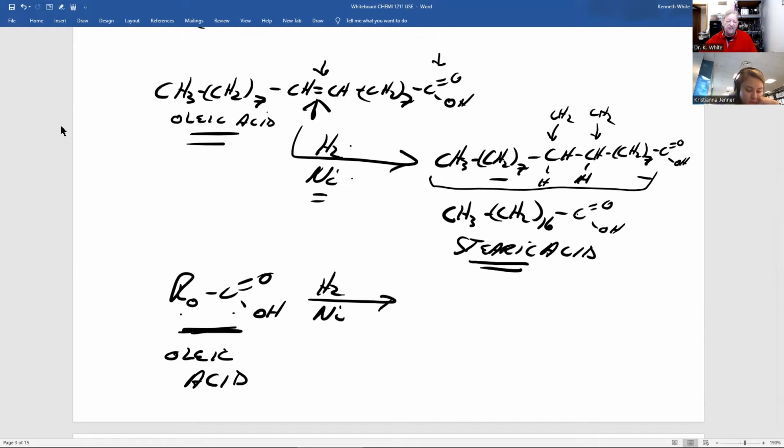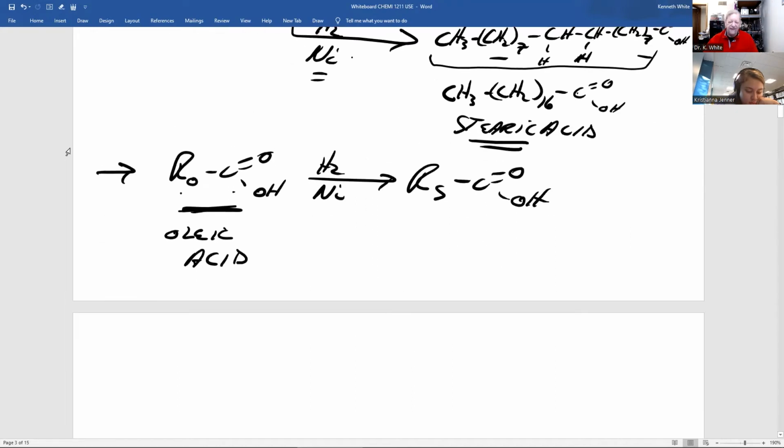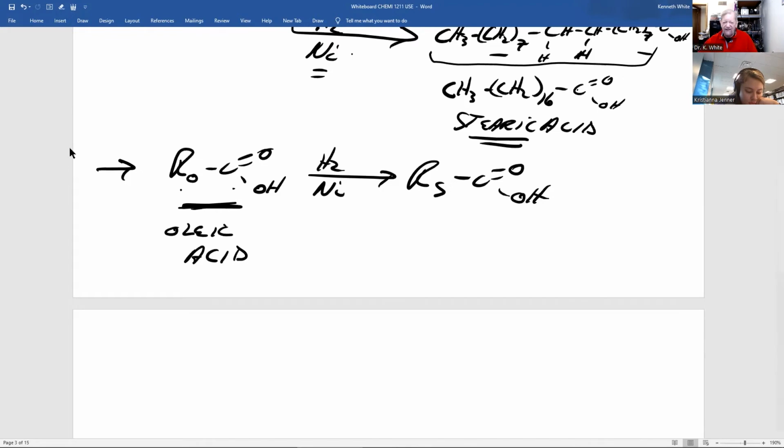Stearic acid. So for the way I have this written, you could have easily done this. Oleic acid, you hydrogenate it, you get stearic acid, which I'm writing this way. You could have written it that way too, but that's that.